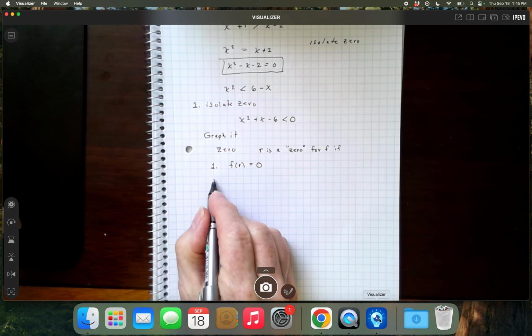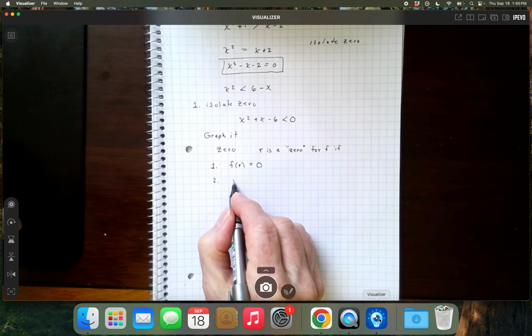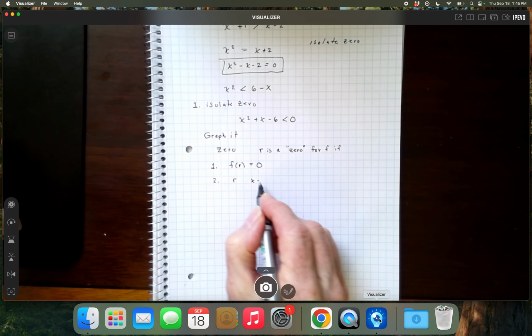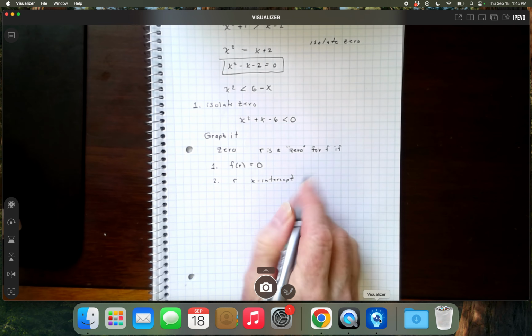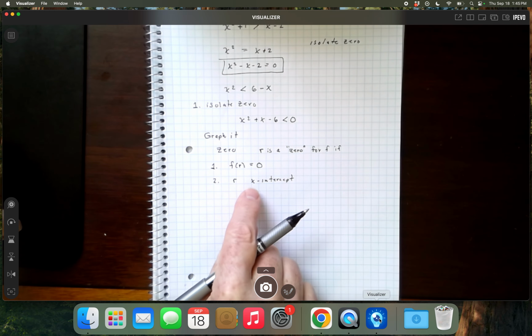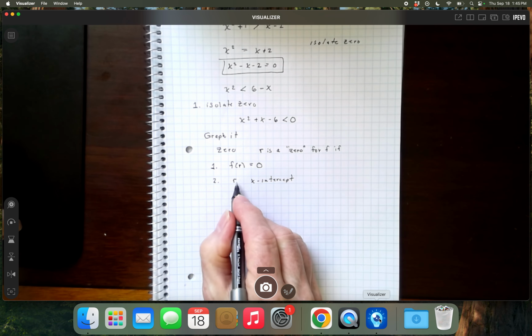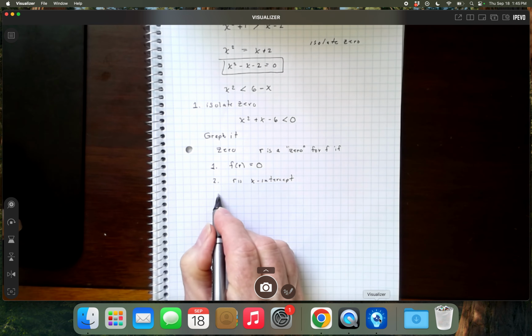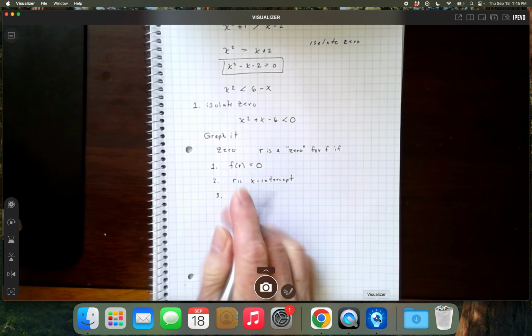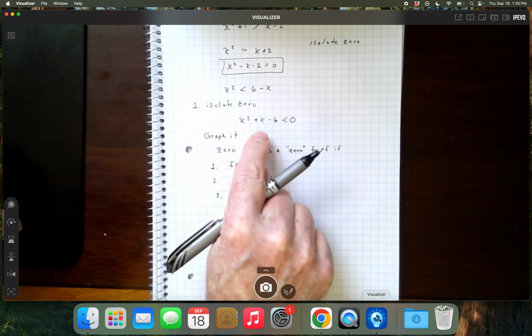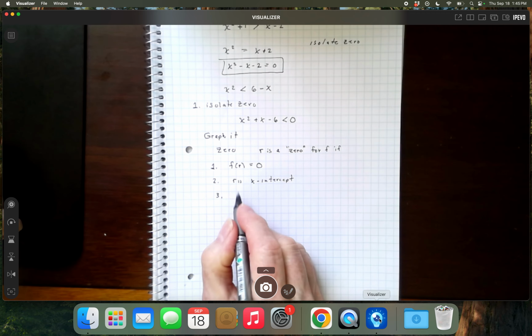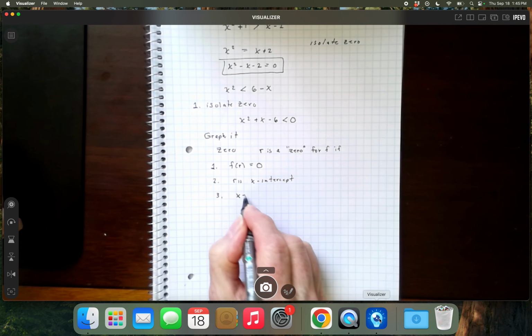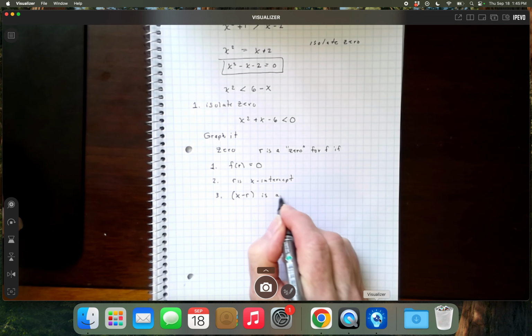Now, we might notice that r is also known as the x-intercept. So if you're graphing a function, the x-intercepts occur at zeros. And another important fact about zeros: if you're dealing with a quadratic function, if r is a zero, x minus r is a factor.